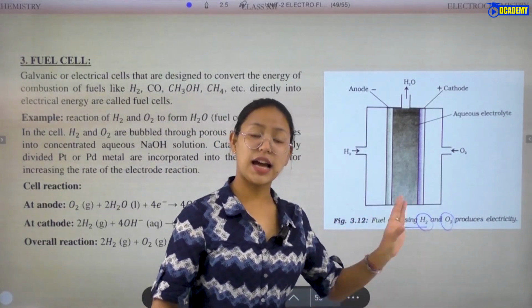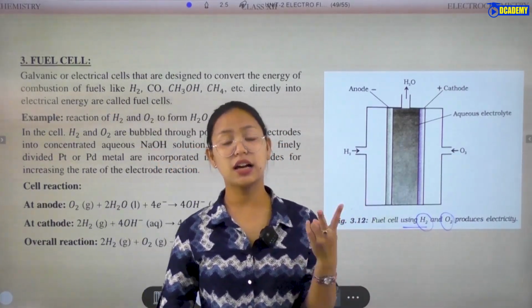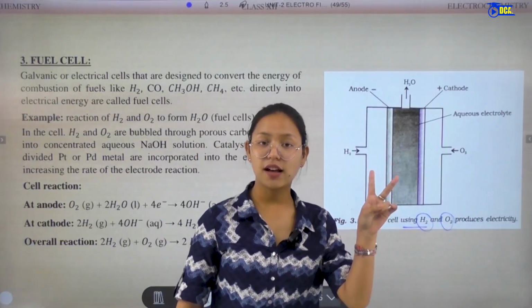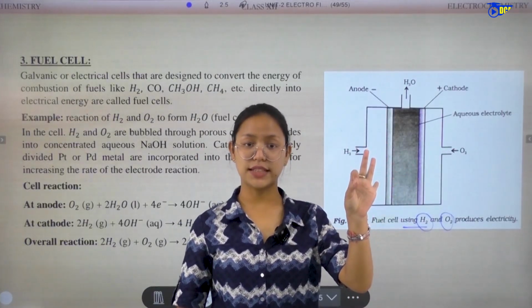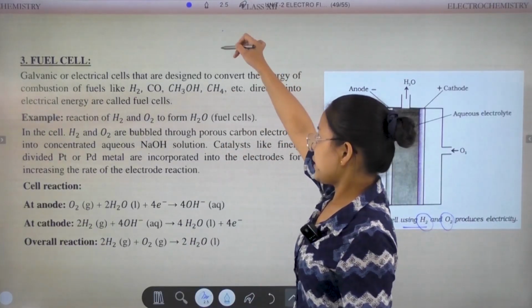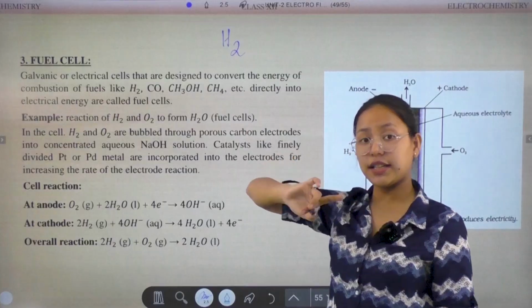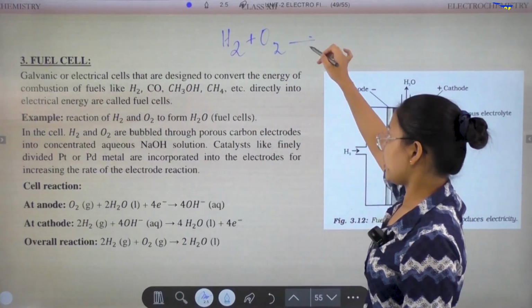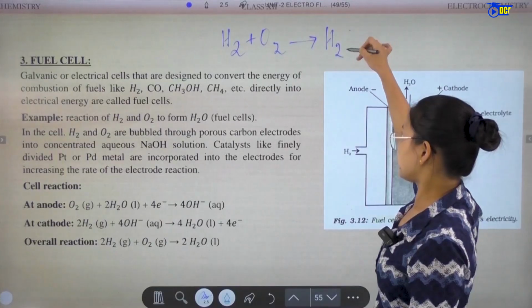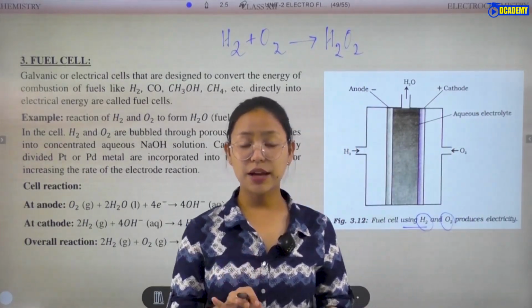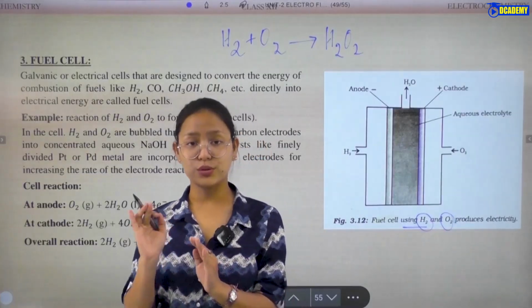Hydrogen and oxygen can form both water and hydrogen peroxide. Reactions: first, hydrogen is a gas, oxygen is a gas. Hydrogen peroxide has the formula H2O2.